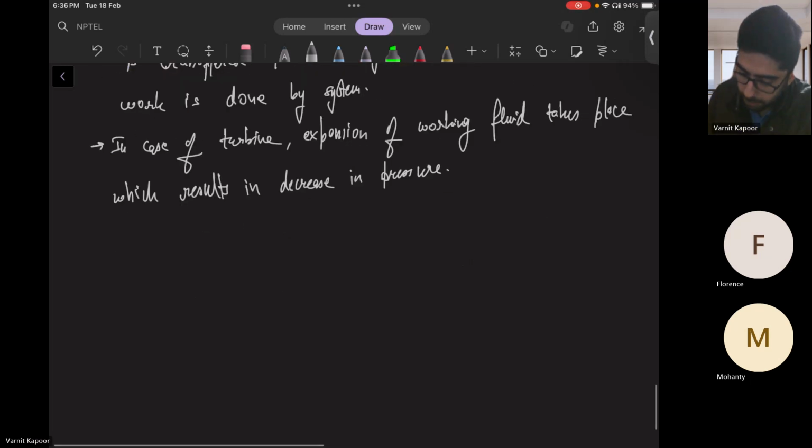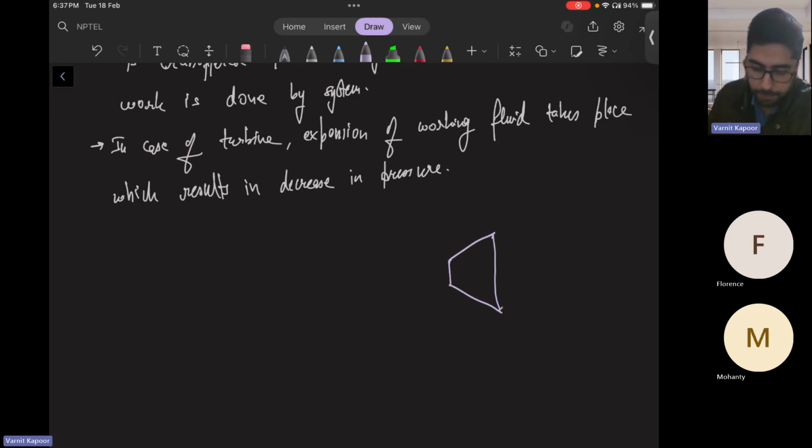So water, or your working fluid, if it's a steam turbine, steam is your working fluid. So the device looks something like this.